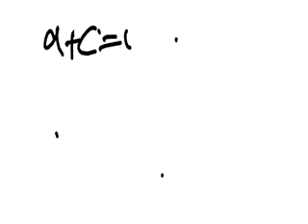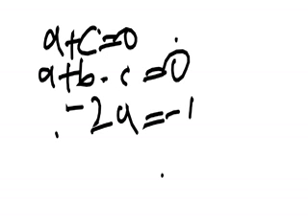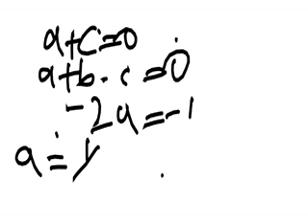Putting A in the first equation, we have A plus C equal to 0, and A plus B minus C equal to 0, and minus 2A equal to minus 1. So after solving this equation, finally we have A equal to 1 by 2.